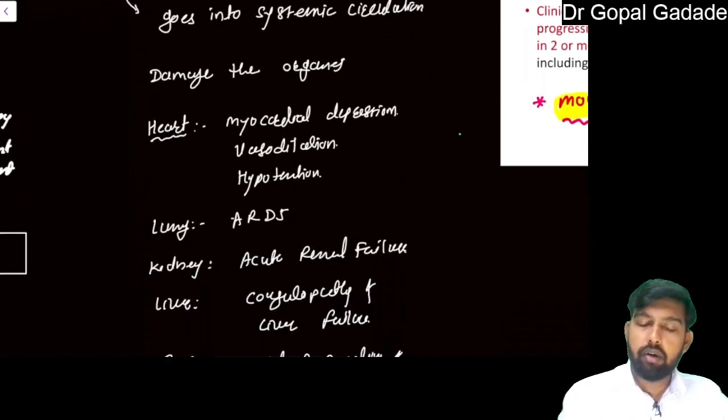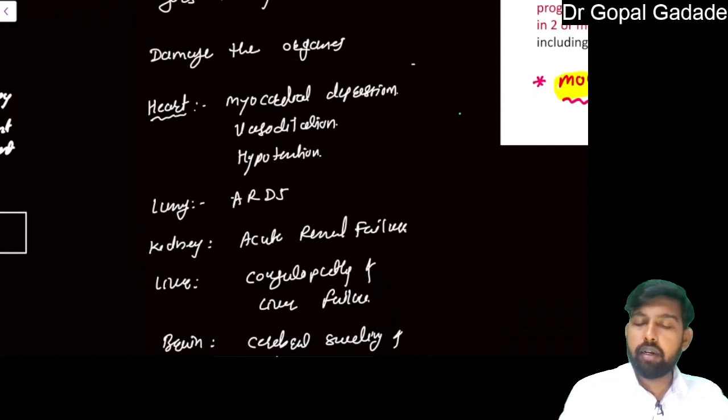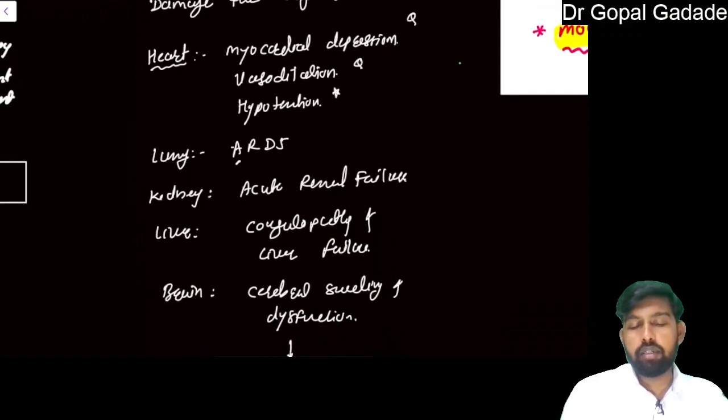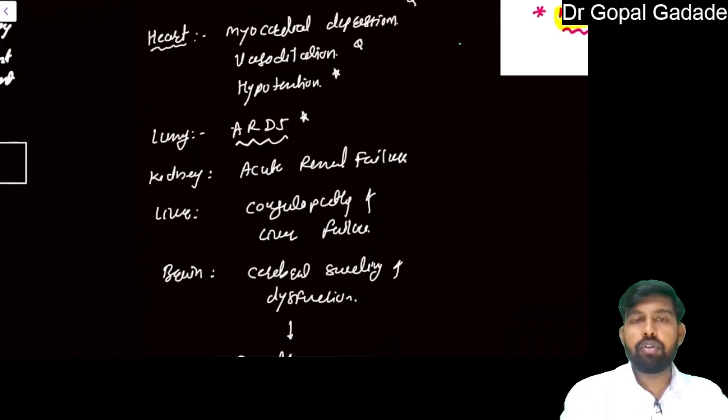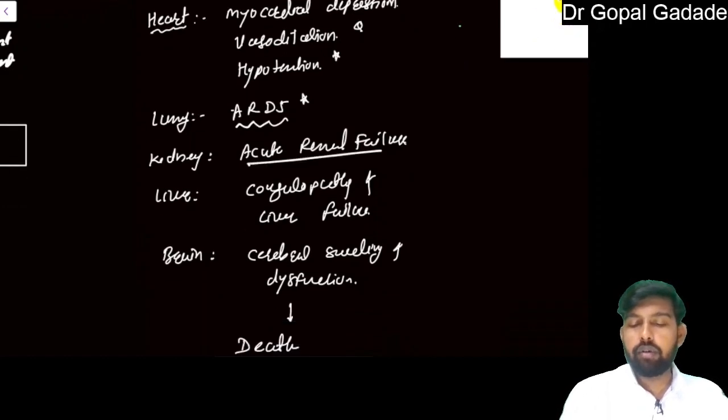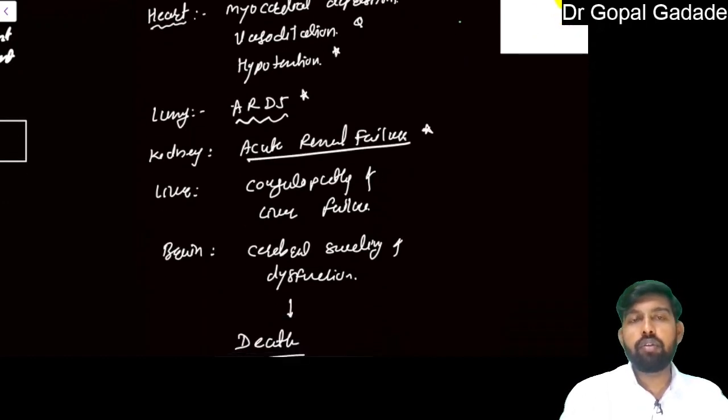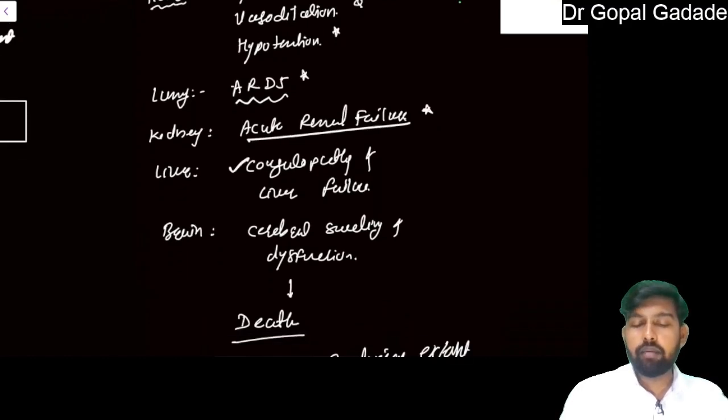Damage to the heart will lead to myocardial depression, vasodilatation, or hypotension. Injury to the lung causes ARDS, that is acute respiratory distress syndrome. Injury to the kidney causes acute renal failure, and injury to the liver leads to coagulopathy and liver failure.